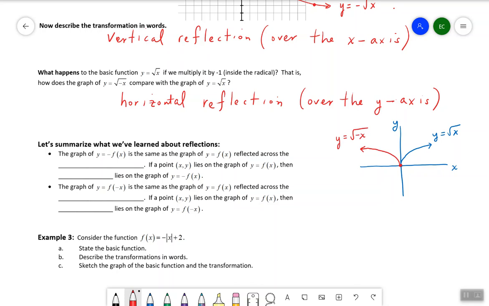Okay, so let's summarize what we've learned about reflections. If we have y equals negative f of x, then that should be a vertical reflection. That should be reflected across the x-axis.